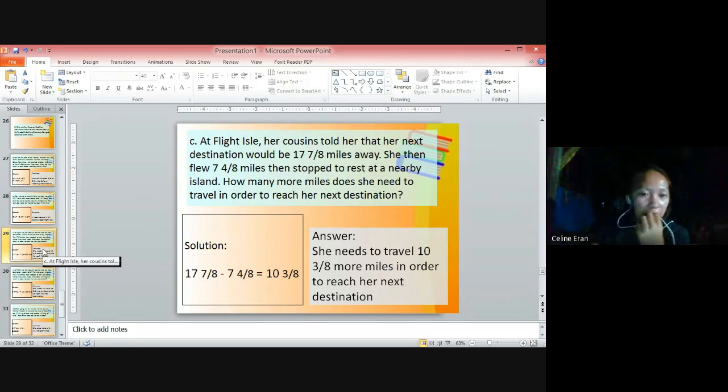How many more miles does she need to travel in order to reach her next destination? So here's the solution. 17 and 7 over 8 minus 7 and 4 over 8 is equal to 10 and 3 over 8. So the answer is she needs to travel 10 and 3 over 8 more miles in order to reach her next destination. Letter D.